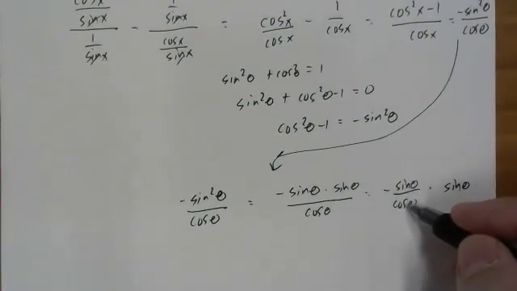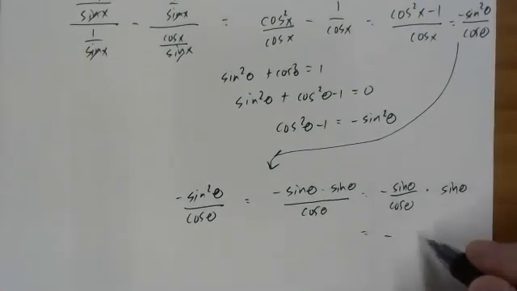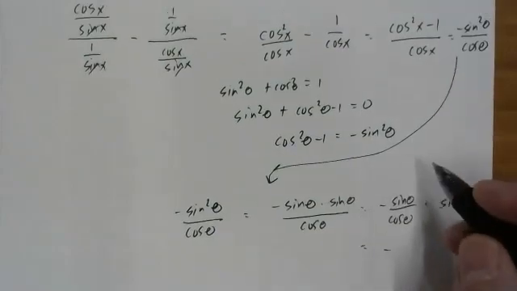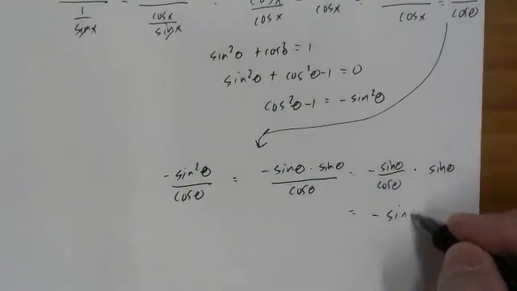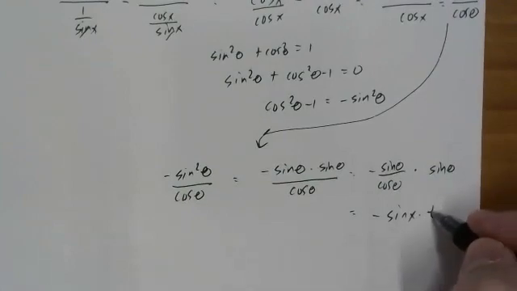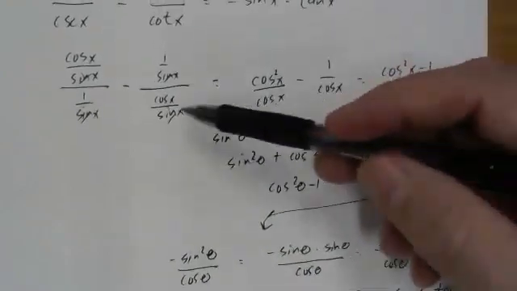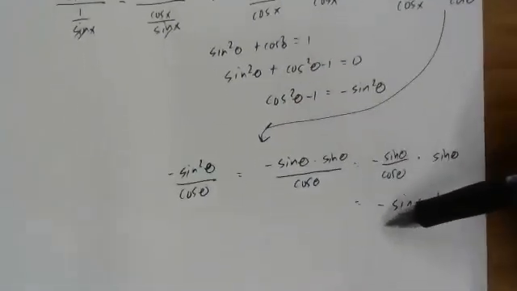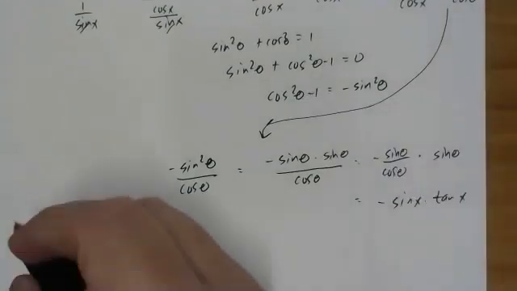And obviously sine over cosine is tangent. And if I want to put it in the order up here, I'll move the sine out front. All right, so hopefully that's clear.